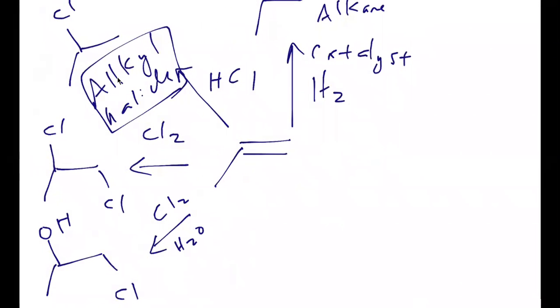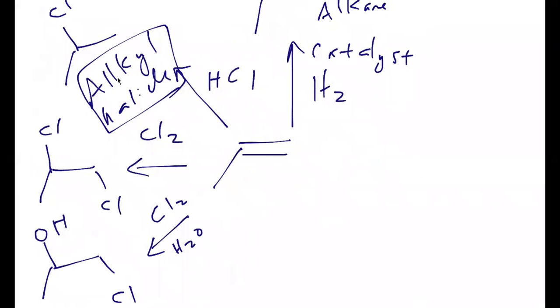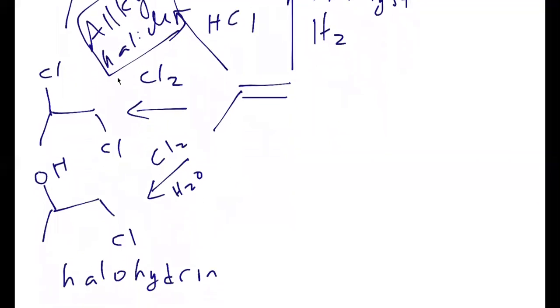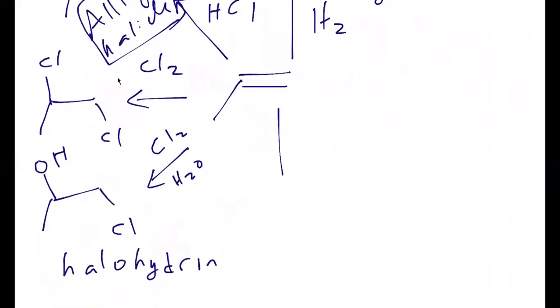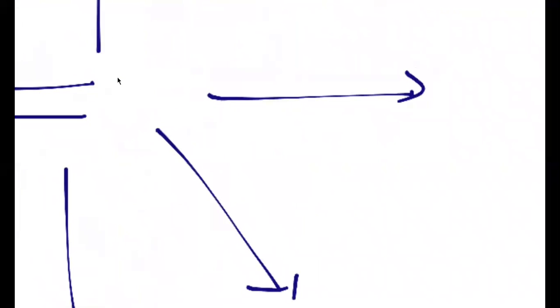And then another big reaction that we're going to talk about is taking alkenes and turning them into alcohols, which is another functional group. We're going to talk about 3 ways to do that. I'm not going to put the reagents in, I'll just put the name of the reaction in.